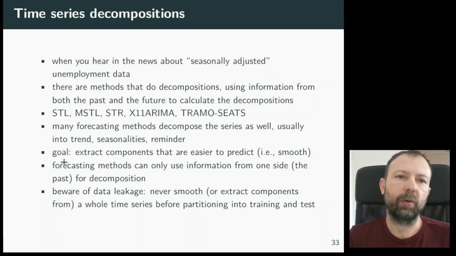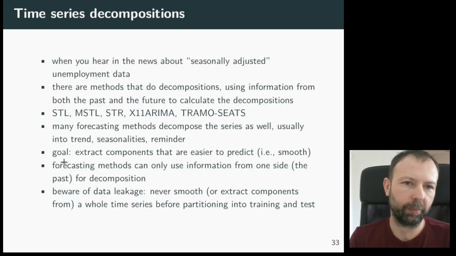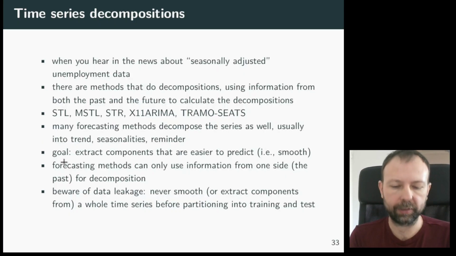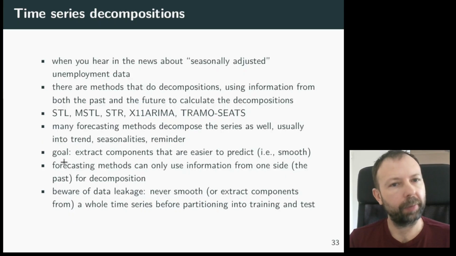So when you hear in the news something about seasonally adjusted unemployment data, for example, then that's what they do. They decompose the series, take out the seasonality, and then look at only the series with the trend. So there are methods that do decompositions using information from both the past and the future to calculate the decompositions.